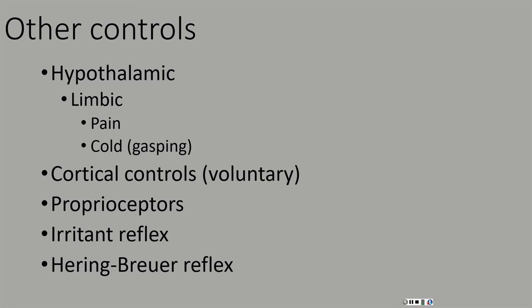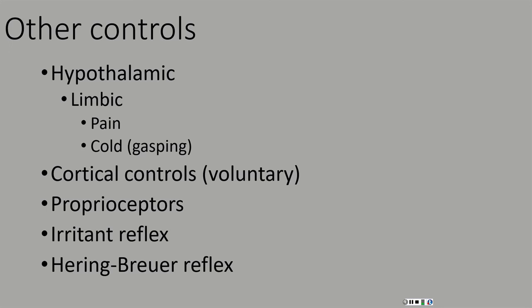Regardless of whether you're a smoker or a non-smoker, if you walk into a store where they've been using a lot of harsh cleaning chemicals, you get that kind of sting and it automatically stops you from inhaling and may trigger you to cough or sneeze. That's the irritant reflex. That is a reflex to prevent damage to your lungs.